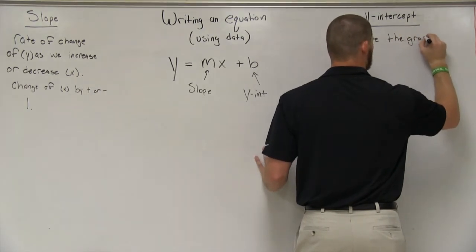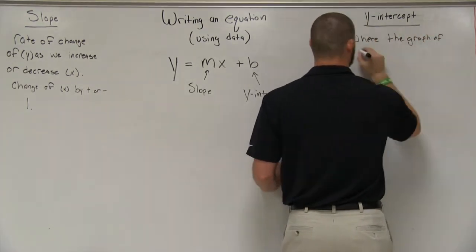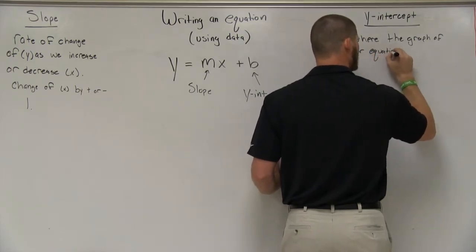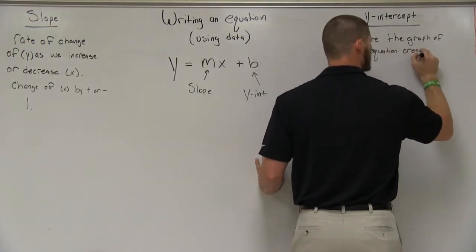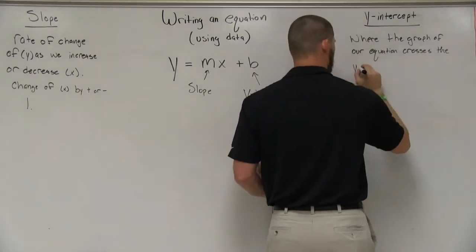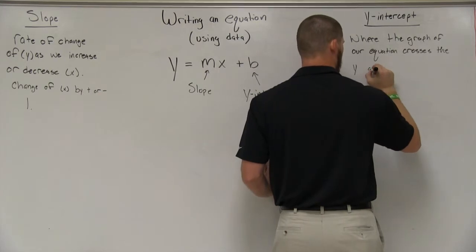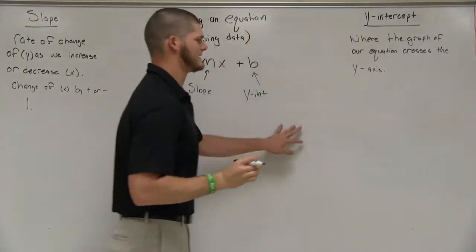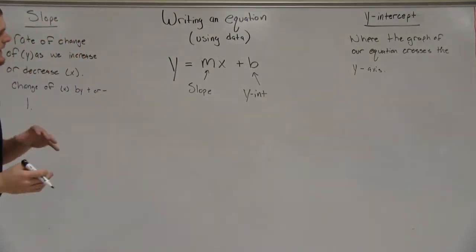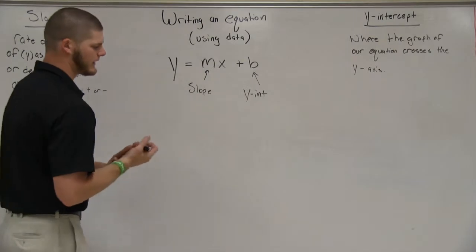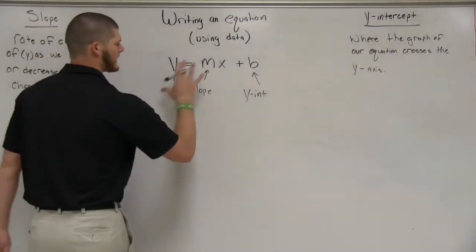This is where the graph of our equation crosses the y-axis. So again, when we're graphing, a lot of times we will start with our y-intercept, and we'll look at that when we get to actually looking at a graph.